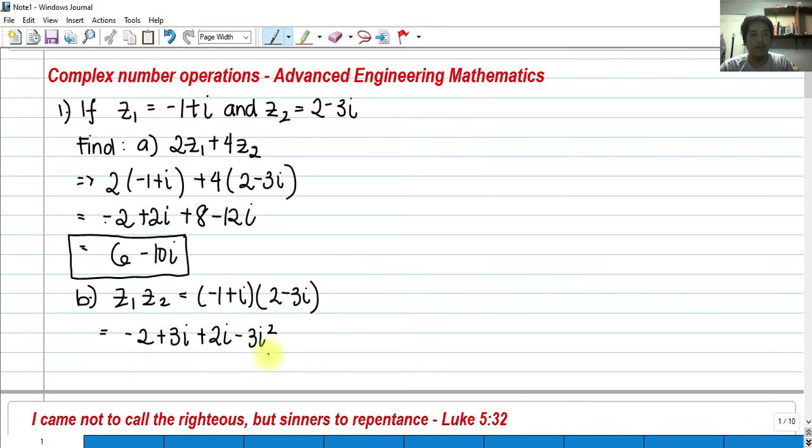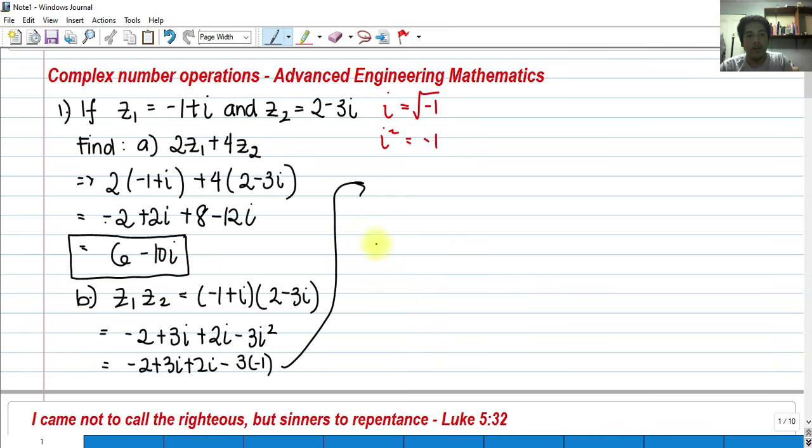-3I squared. And if we encounter I squared, take note that because I is equal to the square root of -1, I squared is therefore equal to -1. So we can simply reduce this into 3 times -1. So we have -2 plus 3i plus 2i minus 3 times -1, because I squared again is equal to -1.